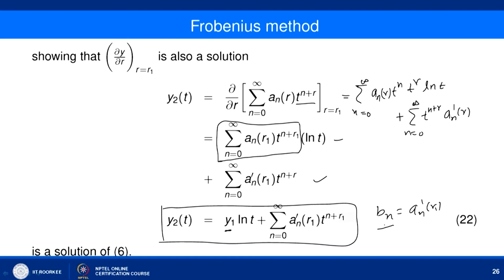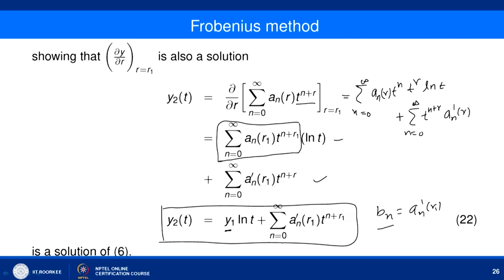So, I will stop here, and we say that in case of equal roots, we are not able to find both solutions in the Frobenius series solution form. One solution is given in terms of the Frobenius series solution, but the other solution is not of the Frobenius series form.